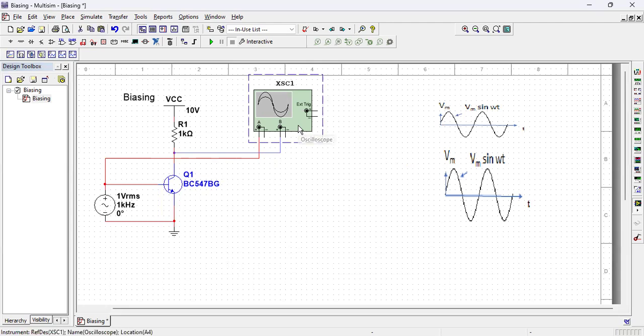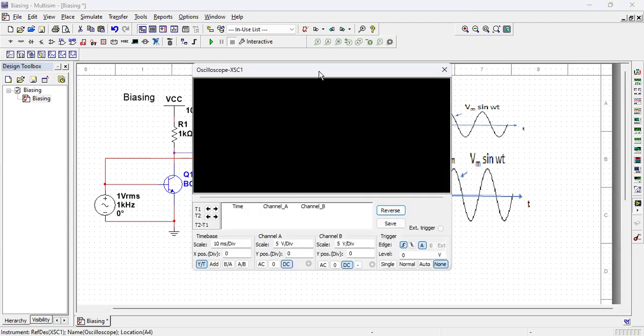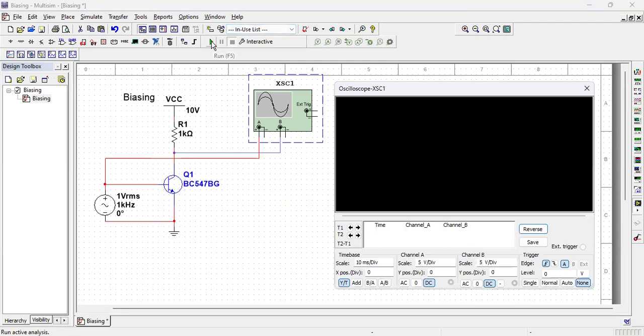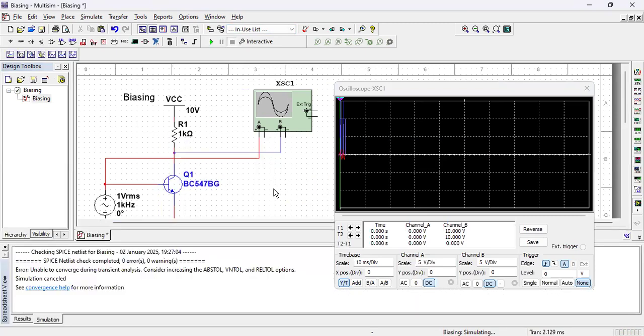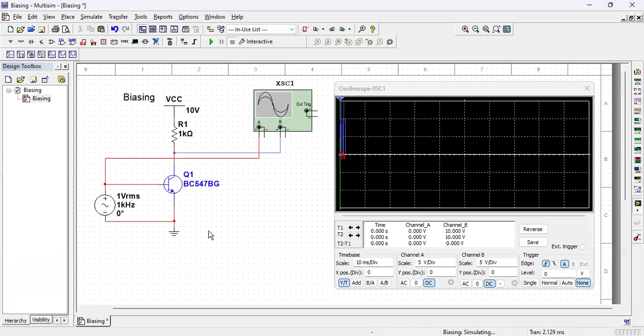So I switch on the display of the oscilloscope here and I run the system. See, it is showing there is some simulation error, right? So what I do, it is 1.5 volt, 1 kilohertz.